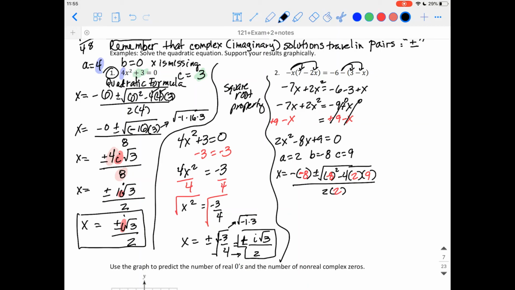And again, you can use a calculator. On a good day, negative 8 is just positive 8, plus or minus the square root. So if I do parentheses negative 8, parentheses squared minus 4 times 2 times 9, you're going to get negative 8, over 2 times 2, which is 4.